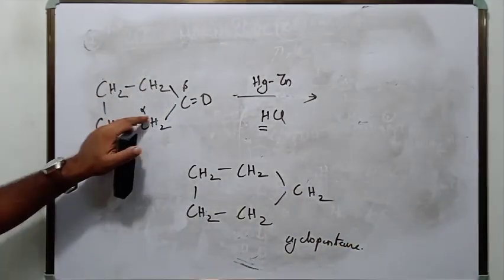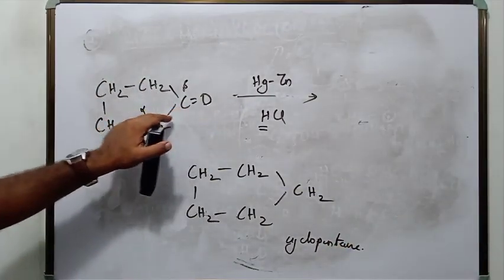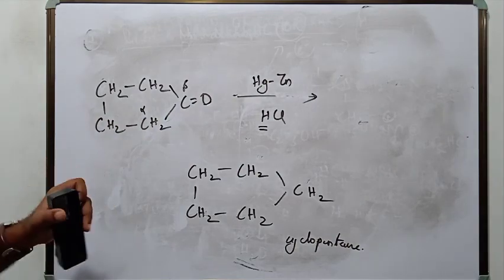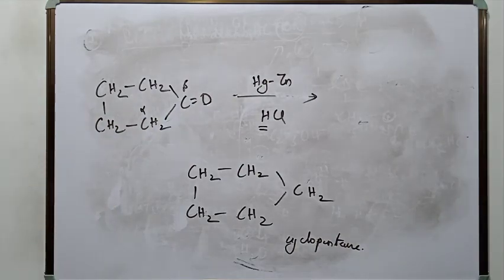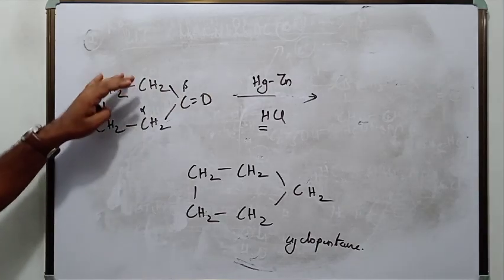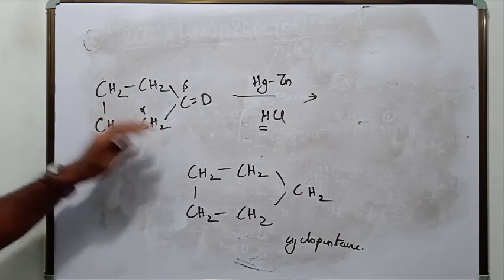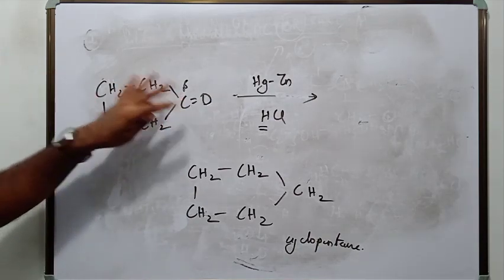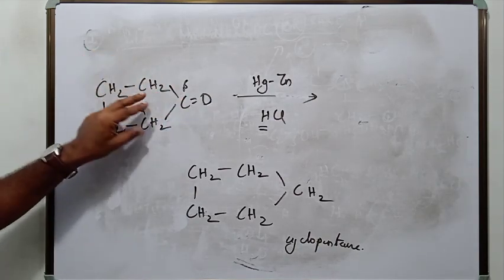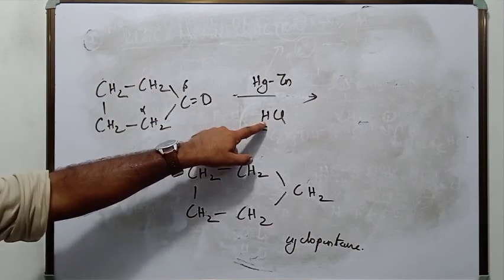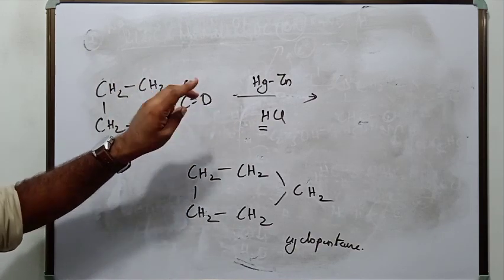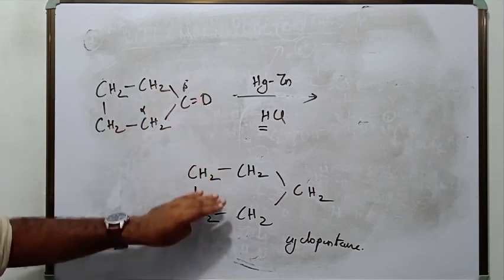To understand Clemmensen reduction, this class would not be enough and this video would become very long, so I will take Clemmensen reduction in another session. So this is what happens here. In Clemmensen reduction, the determining factor is that the ketone should be stable in acidic condition, and the ketone is reduced into an alkane.